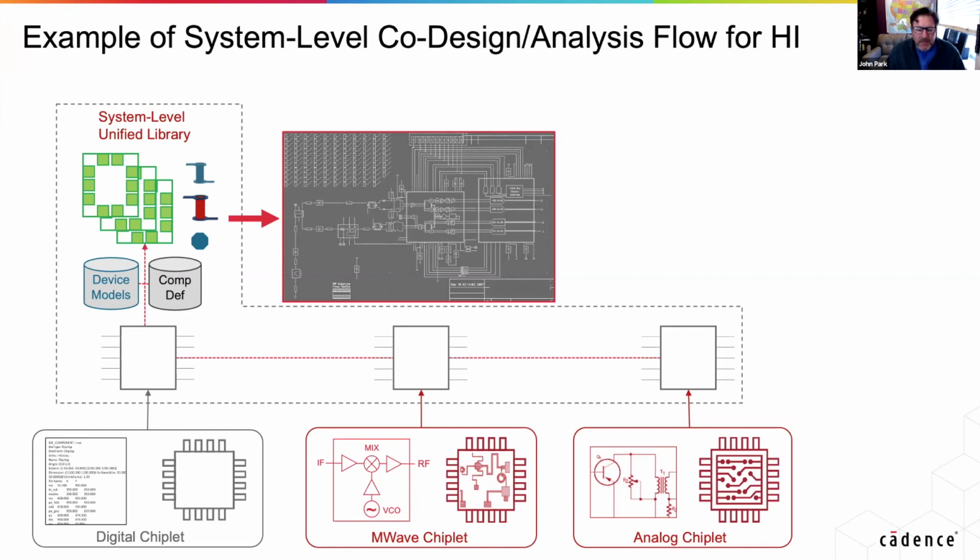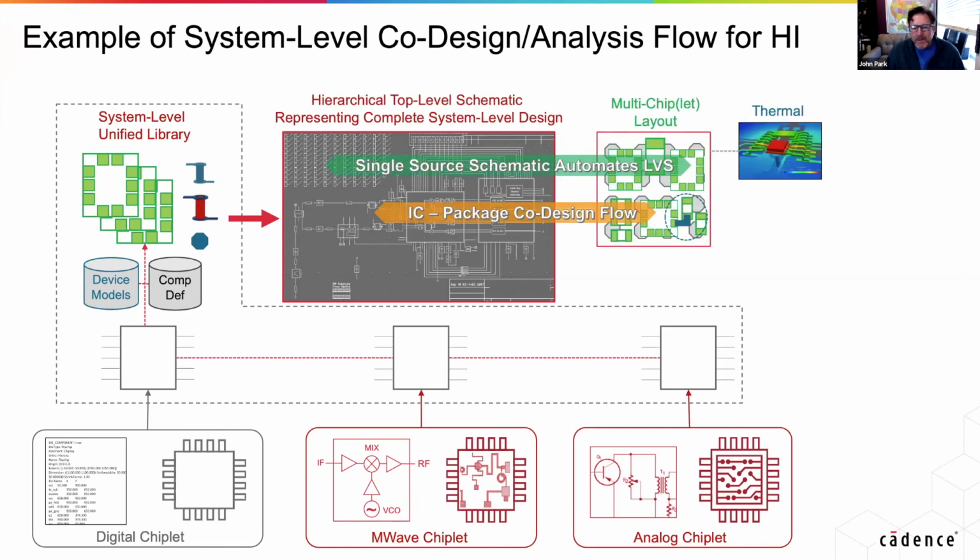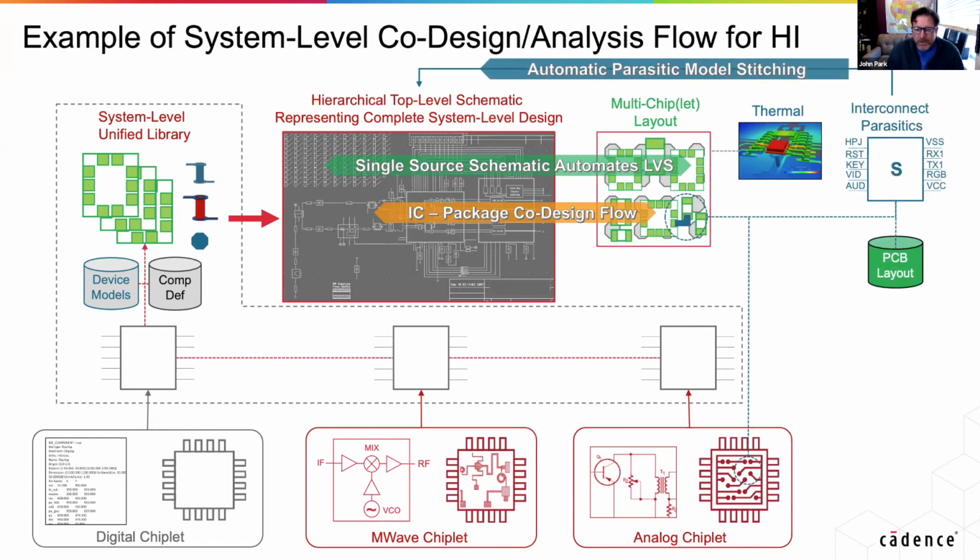I'm showing a schematic here. From that top level design, being able to have a co-design feature between that logic and the physical design. The first thing most people check for in a 3D stack is the thermal, so that needs to be tightly plugged into it. And of course, we have to be able to model the performance of your multi-chiplet design.